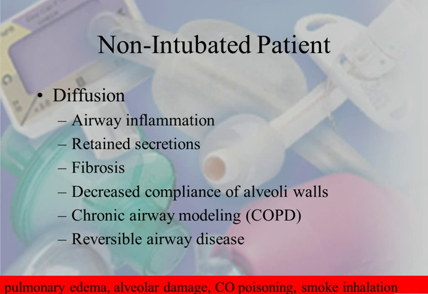From a diffusion standpoint, any kind of airway inflammation, retained secretions, fibrosis, decreased compliance of the alveolar walls, COPD or chronic airway remodeling, and reversible airway disease. Also pulmonary edema, alveolar damage, carbon monoxide poisoning, and smoke inhalation.